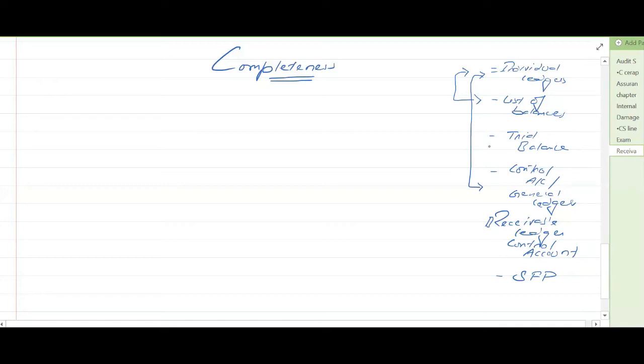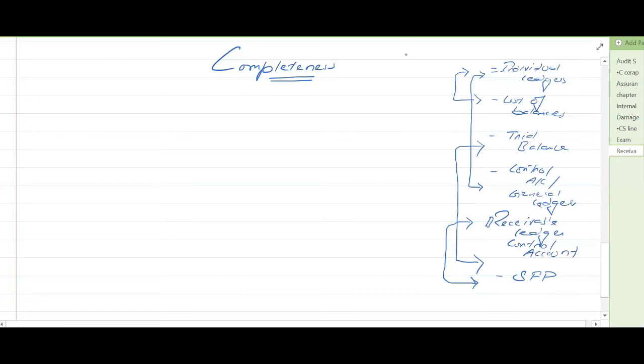The same figure from the trial balance goes to the statement of financial position, and these balances should also be the same. So this is how we record the receivables. And now we need to confirm the completeness. Now we'll be writing the same concept in the form of procedures.